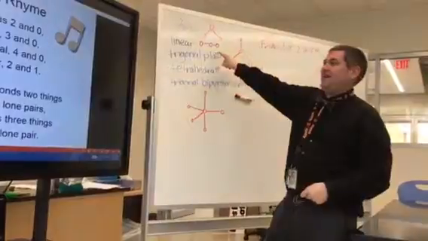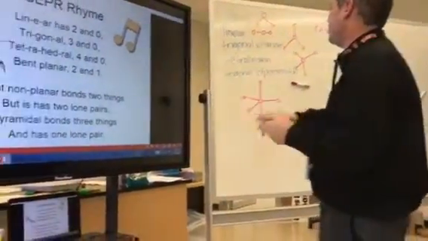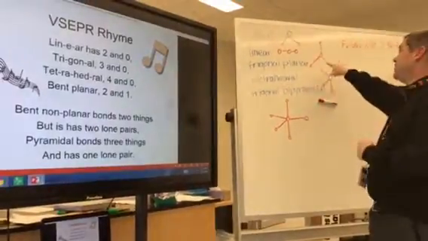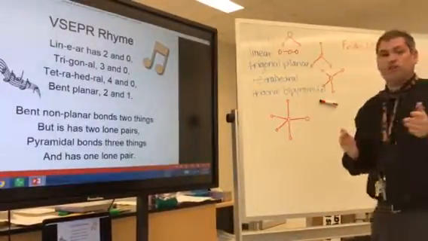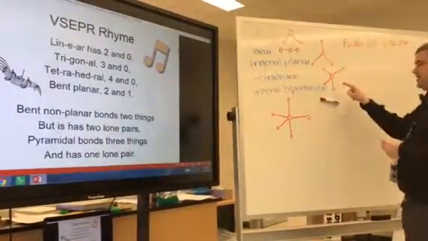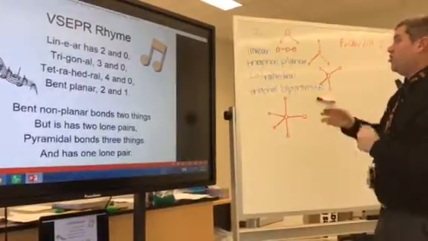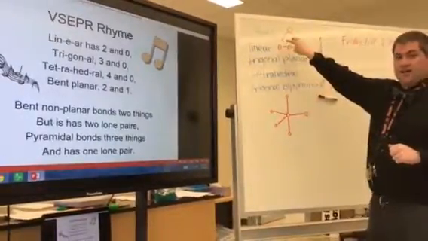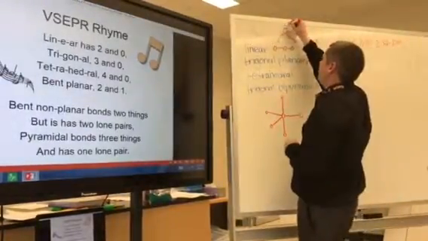Linear looks like that. Trigonal, 3 and 0, trigonal planar is the official name. It looks like that. Tetrahedral, tetra means 4, so there's 4 bonds. Then you have bent, which is 2 bonds with a lone pair up there.